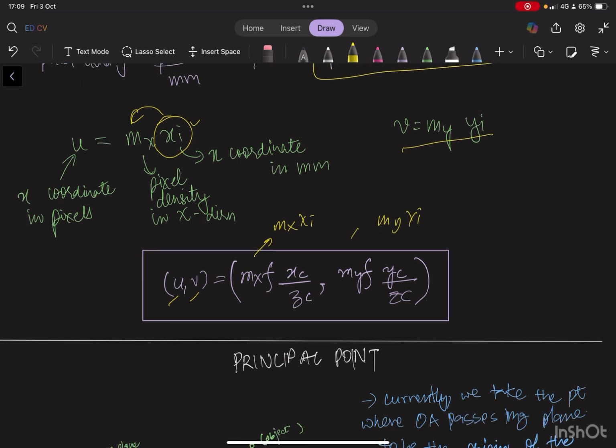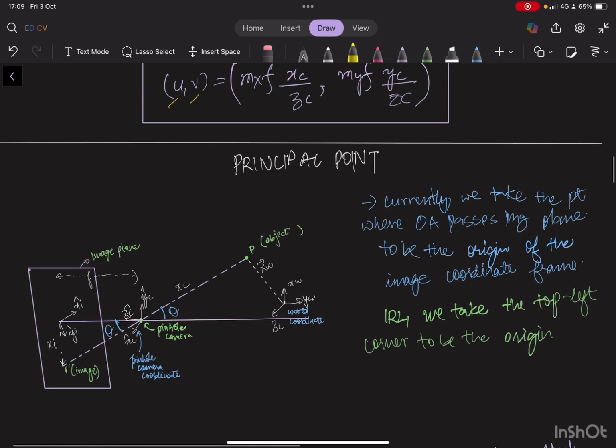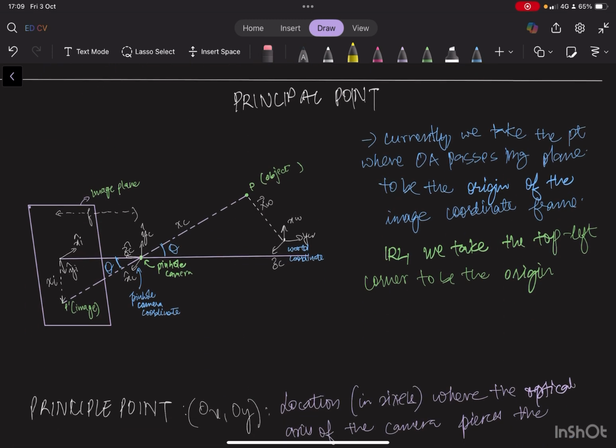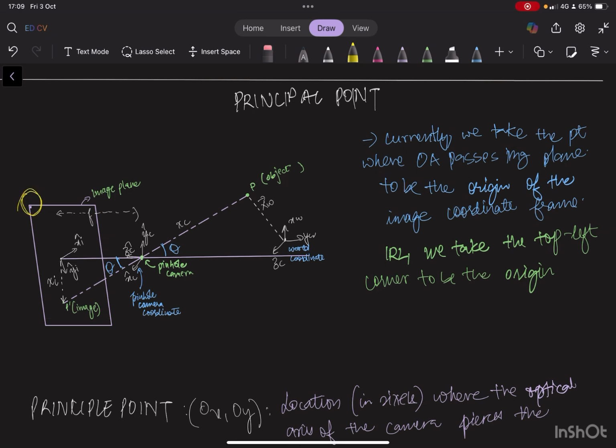After finding x and y in pixels, we are facing yet another issue: all the calculations of the image plane are being done by taking the point where the optical axis passes through the image plane to be the origin. But in real life we always take the top left corner to be our origin. Right now we are taking this as our origin.